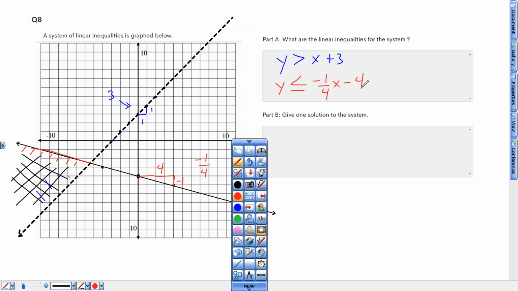And then they want you to give a solution to the system, which means any point in this shaded zone, any point along this solid line. You cannot pick dotted line points. Nope. Cannot pick any points outside of the zone. So it looks like this green coordinate is clearly inside there.